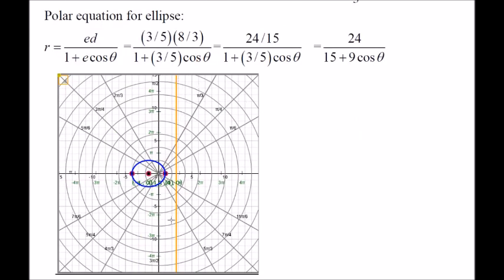Here's the vertical directrix, whose equation is x equal to 8/3. And the equation for the ellipse is r equal to 24 divided by 15 plus 9 cosine of theta.